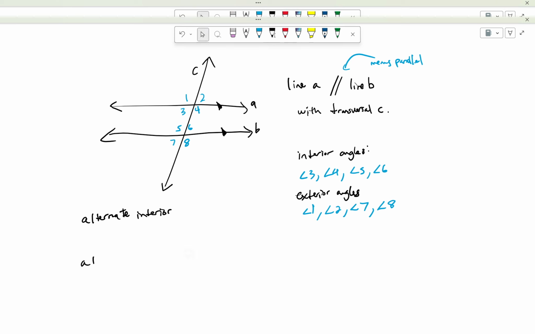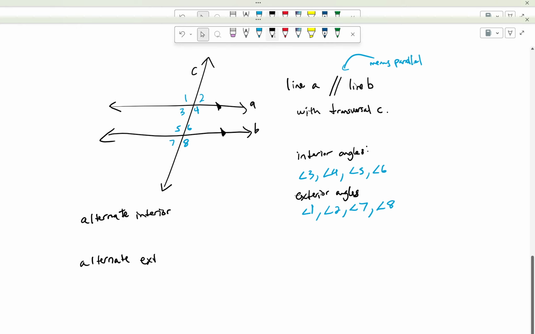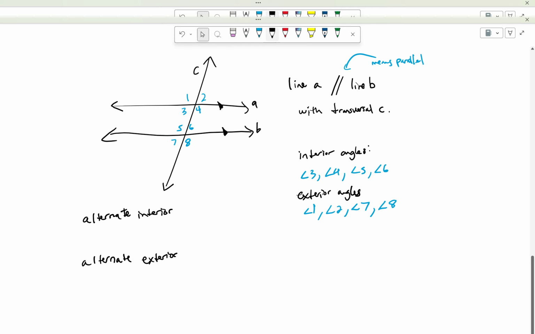We have alternate exterior. We have consecutive interior. And we have corresponding angles.